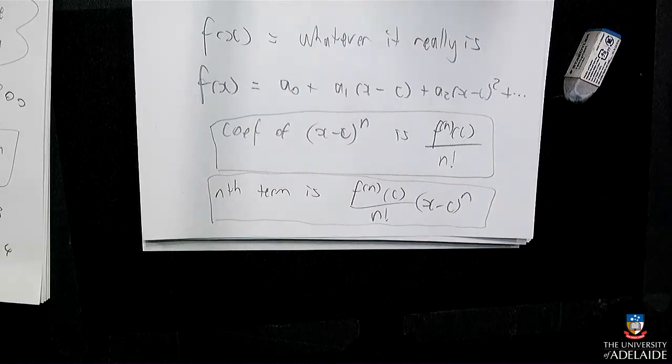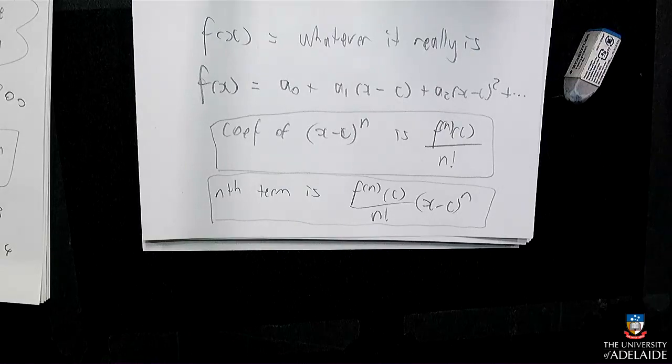Okay, so there are 2 problems. One real problem: the function you're thinking of probably really isn't a polynomial. So it's like sine x or e to the x or something. If your function isn't a polynomial, this is not really going to work, right? It will give you some coefficients, and some terms with x minus c to the n's in them, but it's never going to be actually equal to your function, which is a problem.